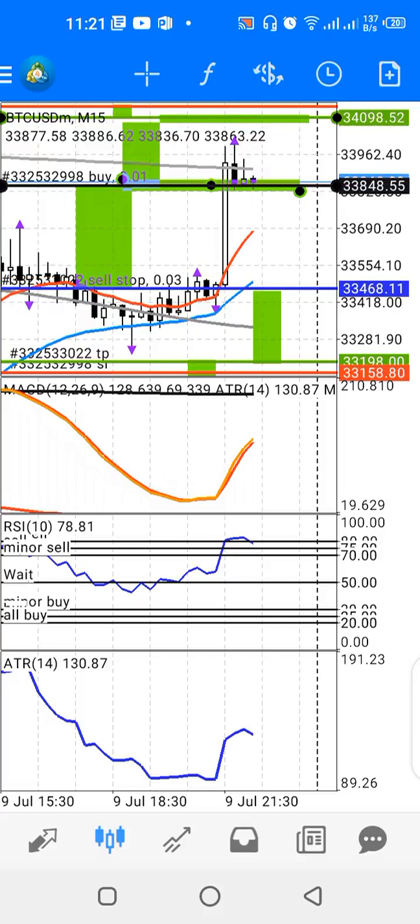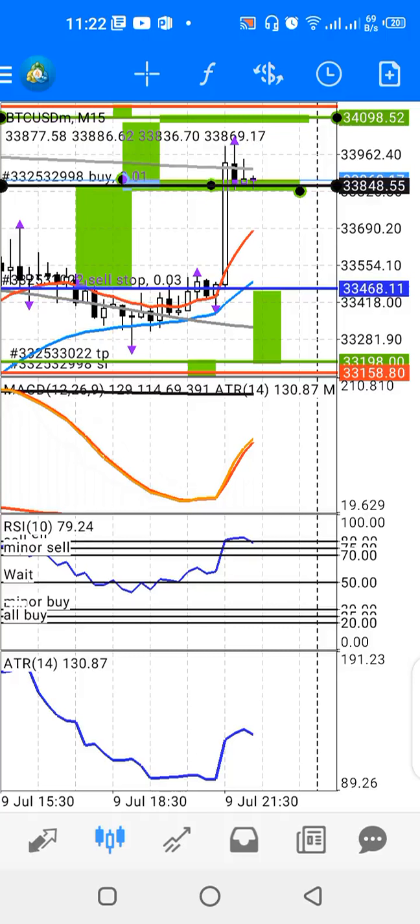I'll place a buy stop order as a pending order since this sell stop has been triggered. In as much as this sell stop has been triggered and it's now a running sell trade, I have to make another cover with another pending order, a buy stop order this time around.